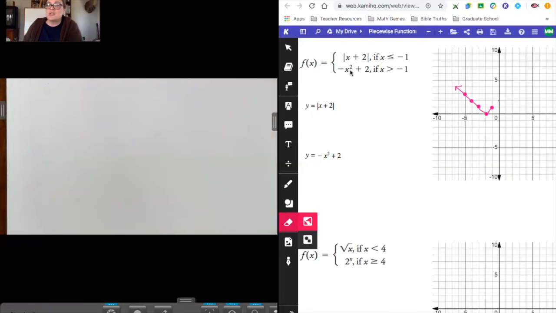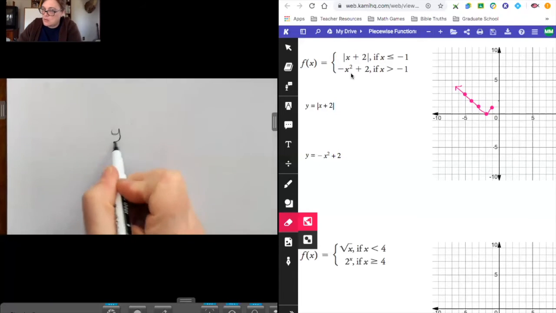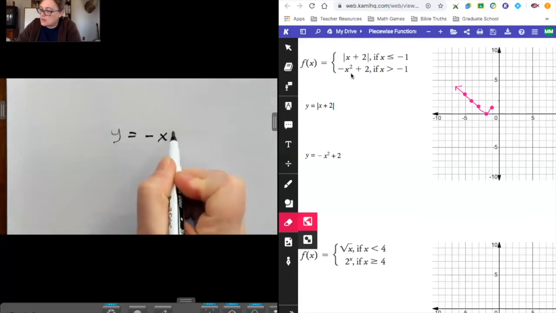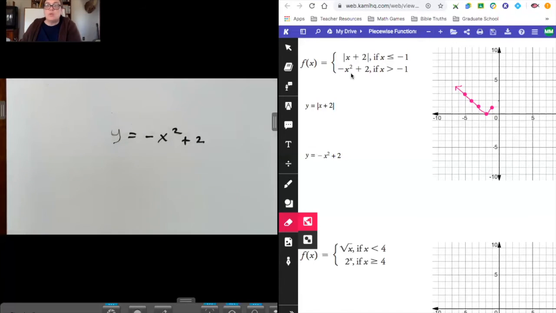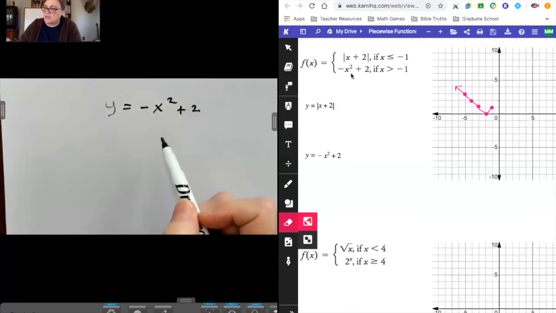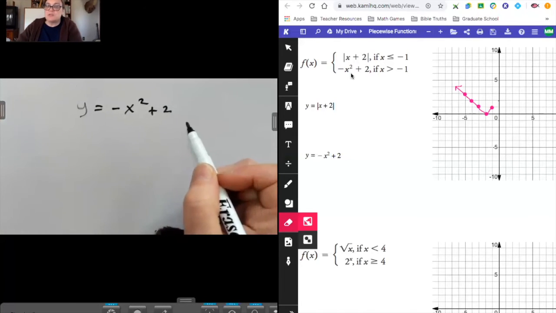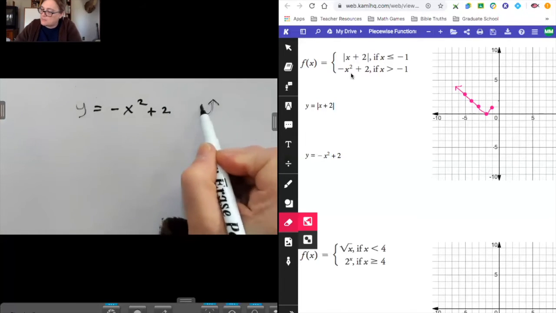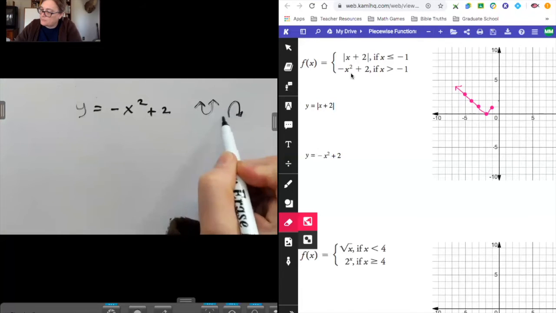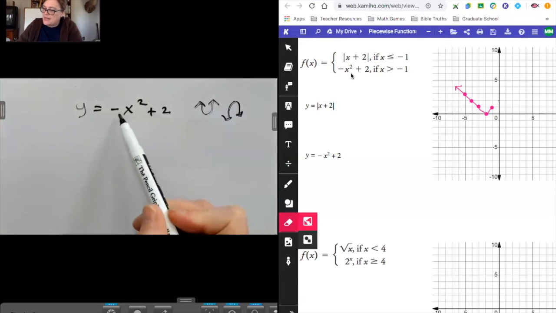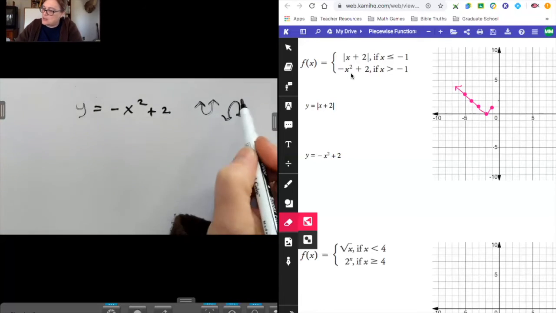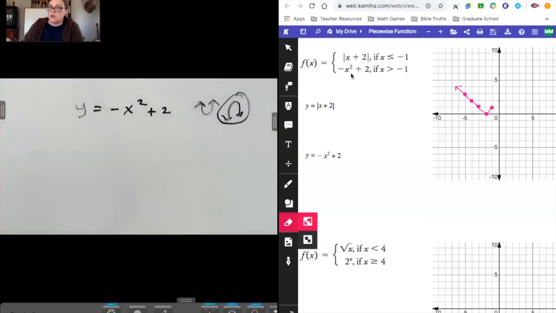The second function is a quadratic, degree 2. We can look at the transformations and the characteristics of this before we get started. It's a degree 2. We know that the tails are going in the same direction. We know that it's negative x squared, and so this would be facing downwards.